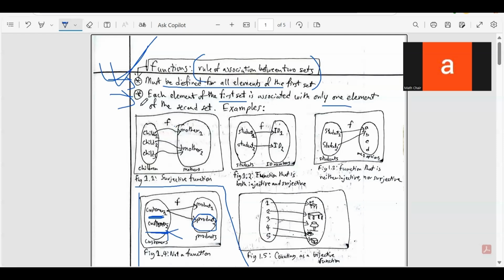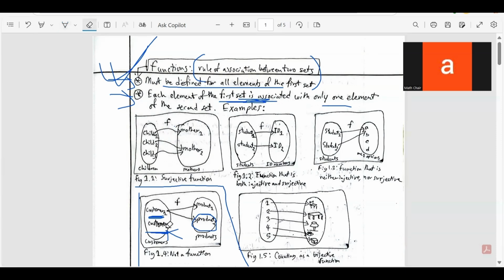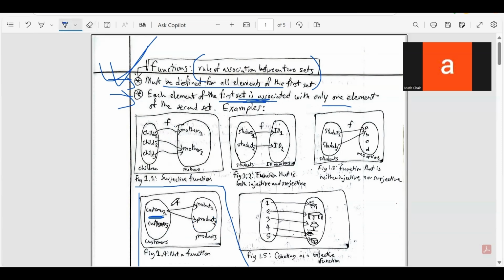And the second condition tells us that it has to be associated with precisely one element in the second set. So the first problem is that customer two doesn't buy anything. The second problem is that the first customer, customer one, buys two products. So that's another issue. It violates the second condition that I need to associate only one element of the second set with an element of the first set.